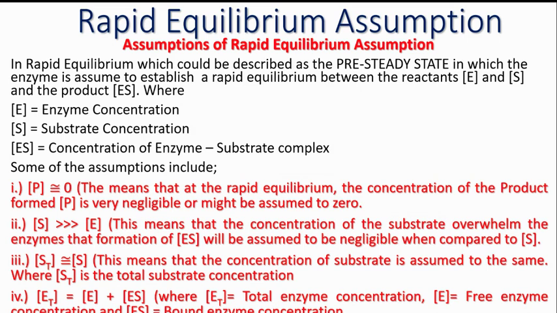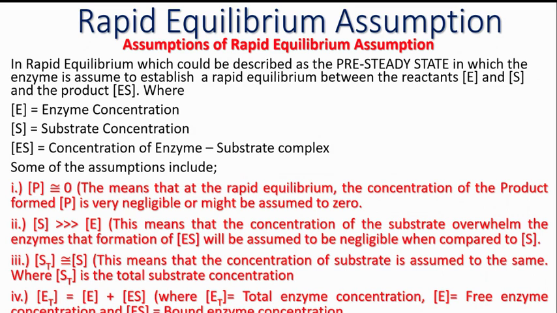Number 3 assumption is that the total substrate is just equal to the substrate concentration. The reason being that since in point 2 the substrate overwhelms the enzyme, the formation of ES does not actually affect the total substrate because it is quite negligible. So we don't talk about total substrate, we just talk about substrate concentration.